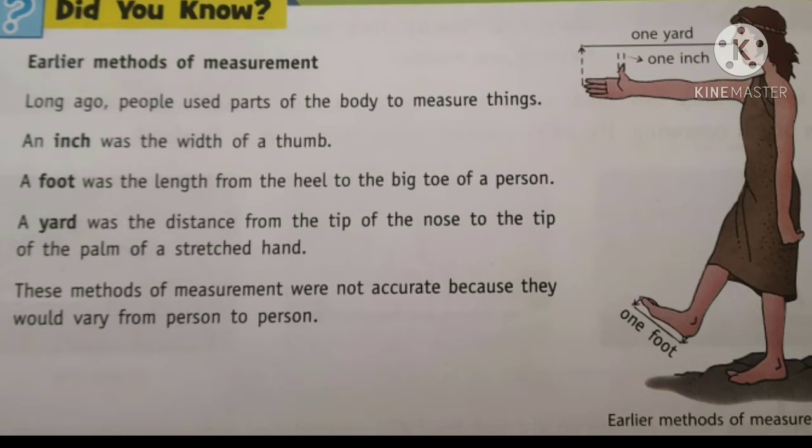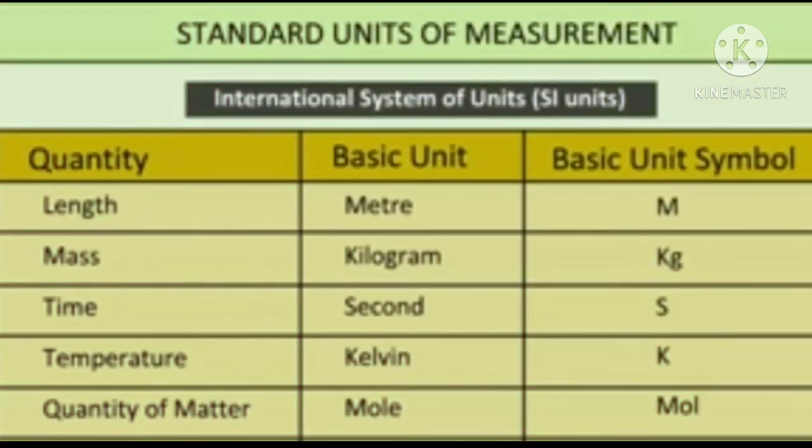The yard was the distance from the tip of the nose to the tip of the palm of a straight hand. These methods were not accurate, so we move on to the accurate units of measurement.